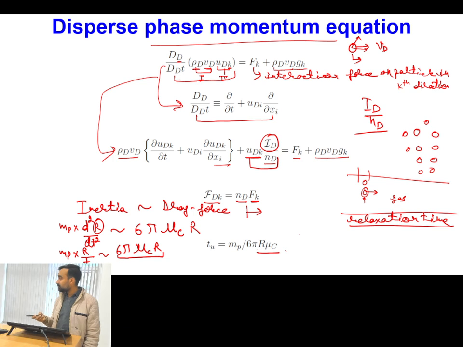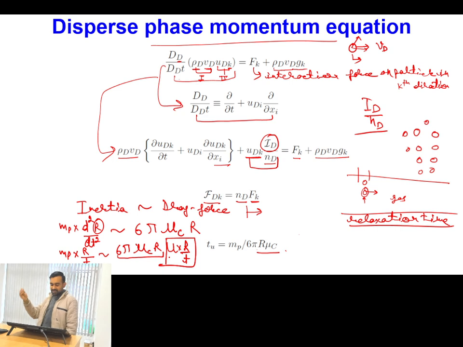Yes, so when we calculate the Stokes force, please make this correction. It will be 6 pi mu c r into u. U is velocity, and this velocity I can replace again with r by t. Now it is coming. I had missed one velocity over here.